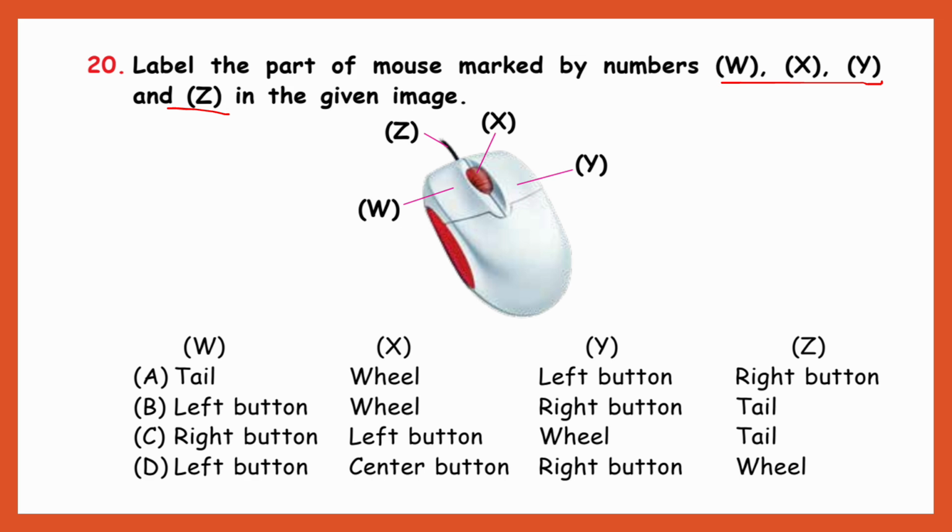X is scroll wheel. Then, what is Y? Y is right button. Then, what is Z? Z is tail. So, which option is correct? B. Left button. W is left button. X is wheel. Then Y is right button. Z is tail.